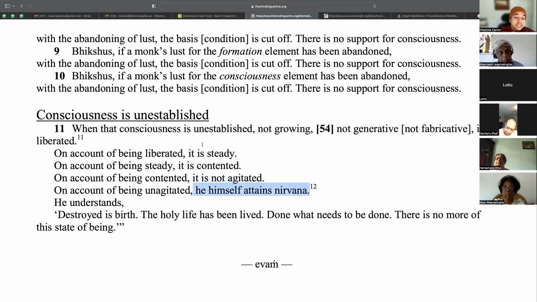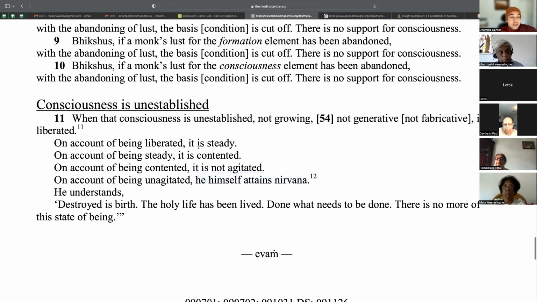Now let us look closely at this. This is the end of the sutra, right? When that consciousness is unestablished, not growing, not generative, it is liberated, right? Now that is a position to come into where you do not further feed the consciousness. Yeah, you're simply being, not doing. Doing in the sense of karma. Doing is karma. Karma is more sankhara.